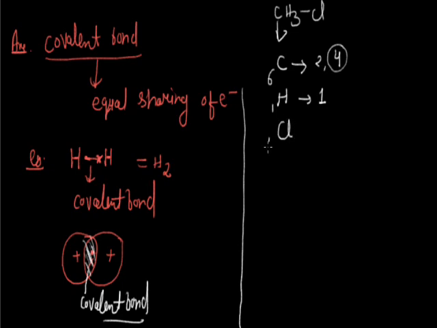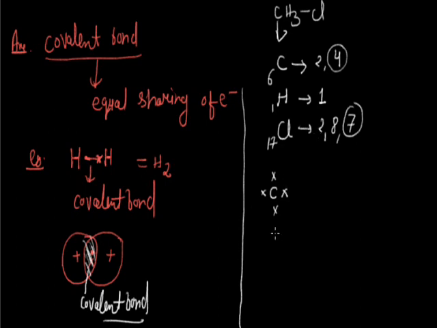Cl has atomic number 17 and electronic configuration 2, 8, 7, so it has 7 valence electrons. These 4 crosses represent the 4 valence electrons of carbon.